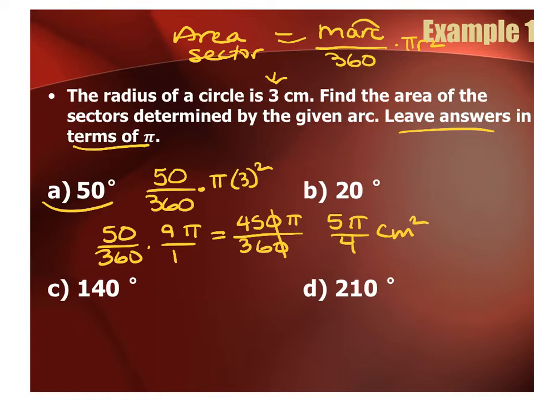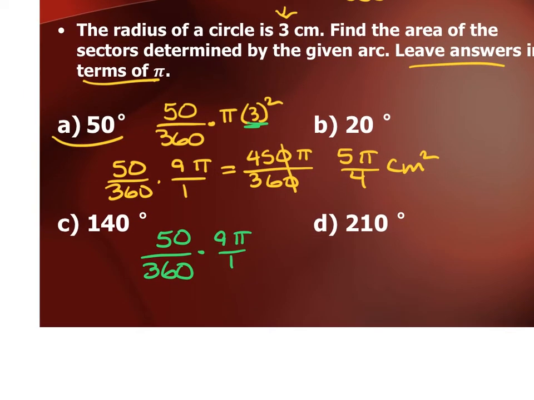Now, I'm going to do the same problem, but I'm going to simplify before I multiply. So if I go ahead and put 50 over 360 times, and I'm going to go ahead and do the 3 squared and make it 9, so I'm going to make it 9 pi. I'm going to simplify before I multiply. So again, I'm going to cut off my zeros.